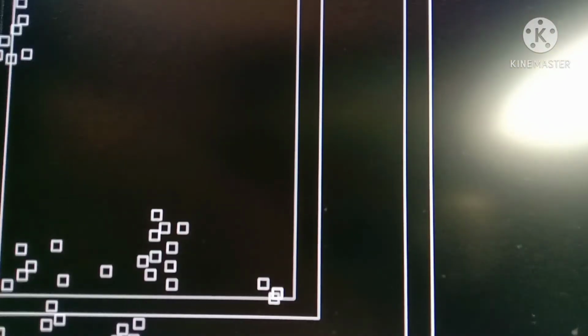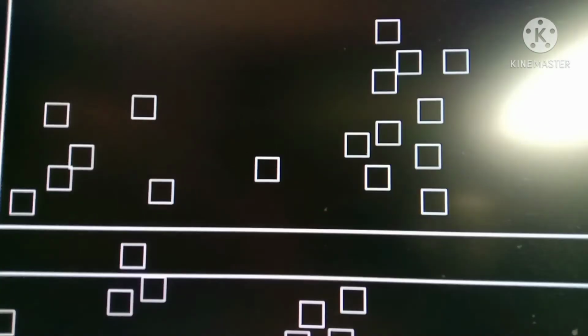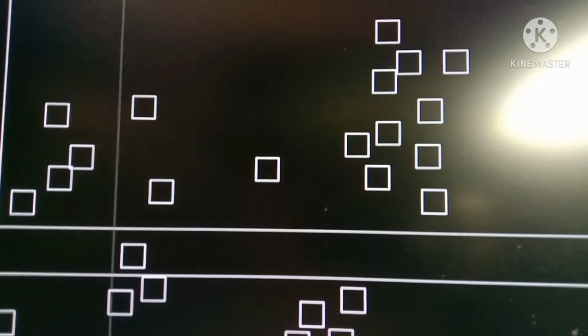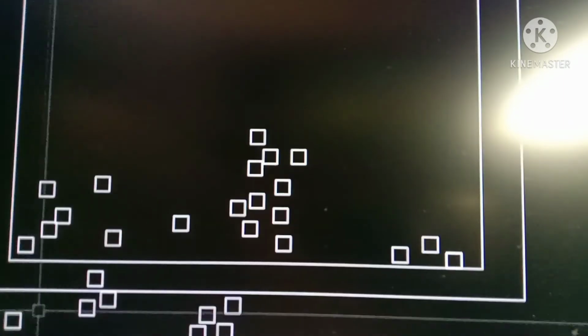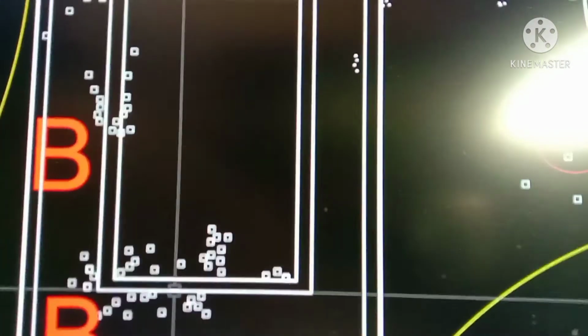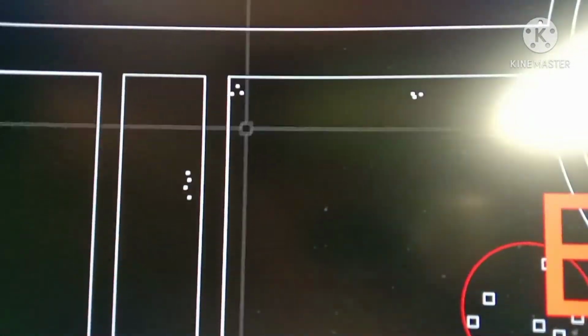There are also some residents being affected here, so I have to relocate this. Here another 3, some more. Okay, so those are the final layouts of the city.